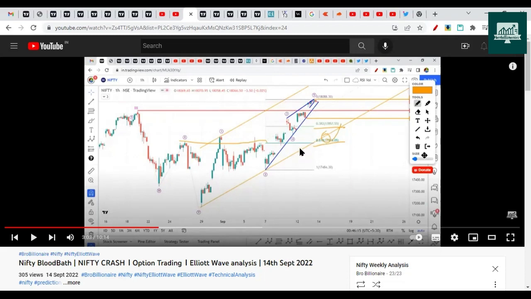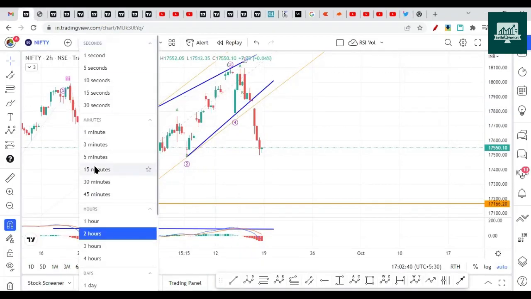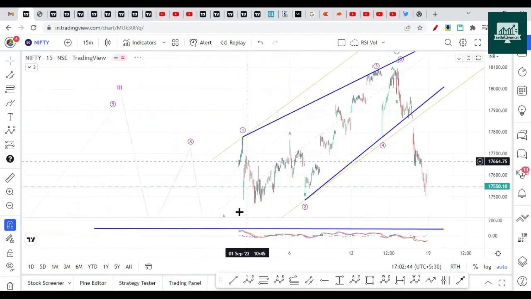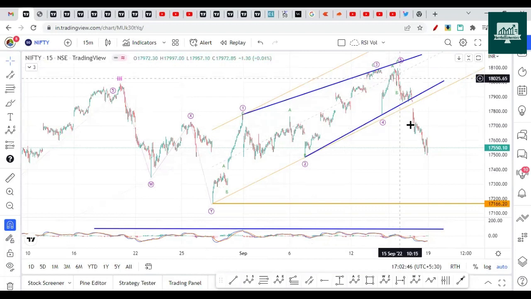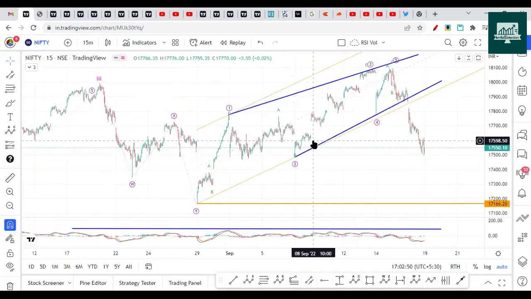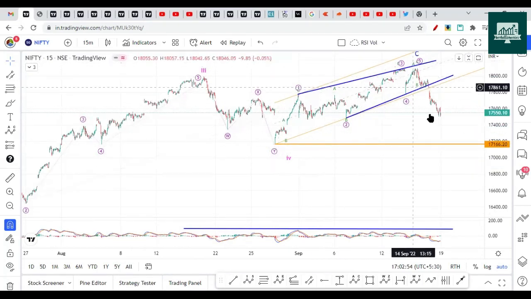It opened a gap down, but in the first 15 minutes itself, it made a big green candle, right? So this was the candle. It is a 2-hour chart, by the way, but on the 15-minute chart, you will see that the fall did not sustain. So that gave me the idea that this is the pullback and it is going to continue on the upside.